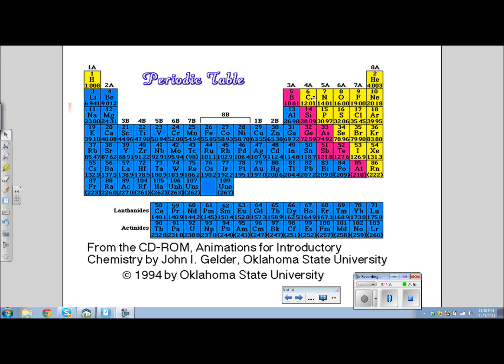That means that roughly each proton and each neutron has a mass of 1 AMU.